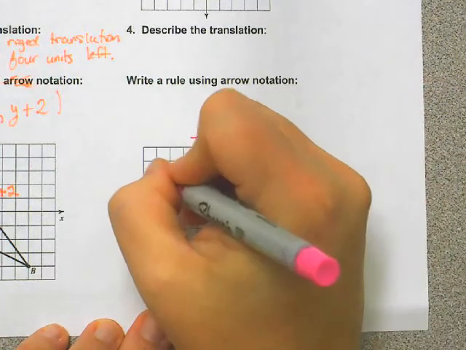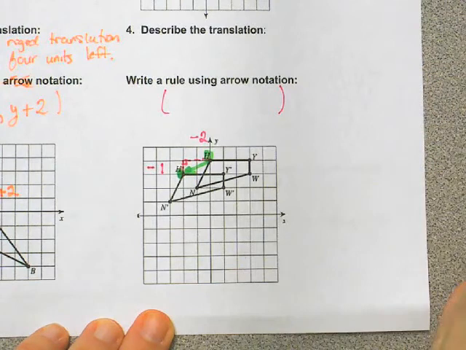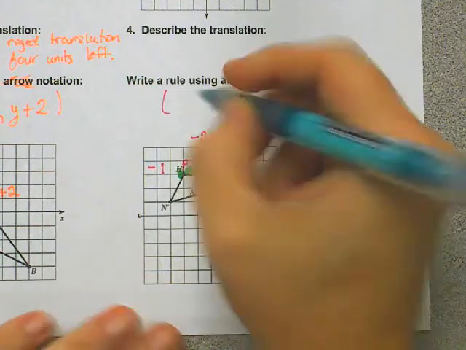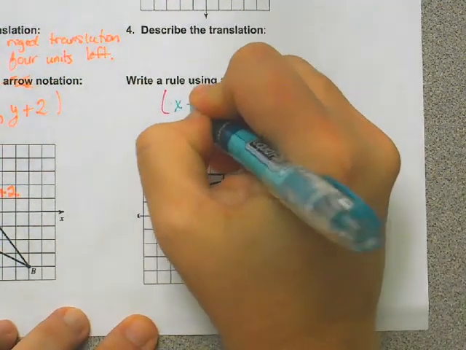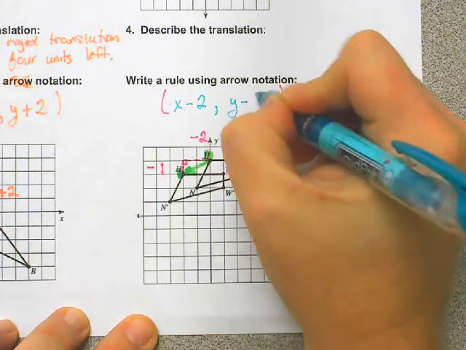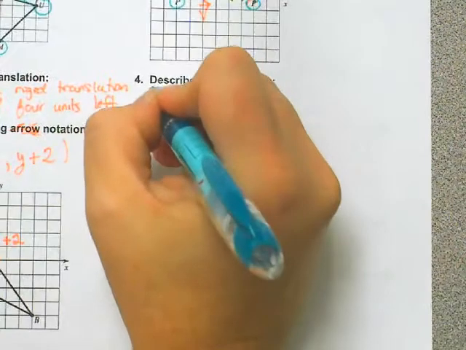How many units did I move down? And because down, it's very good, it's minus. Now write your rule. What comes first, x or y? It's x, so we'd say x minus 2 and y minus 1.